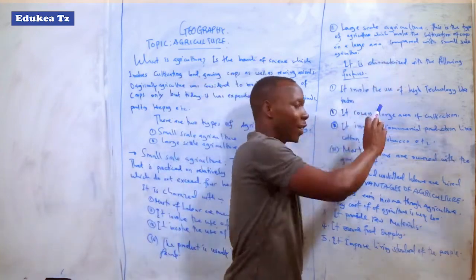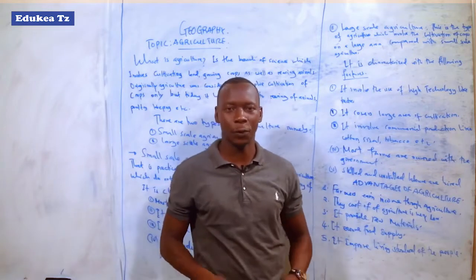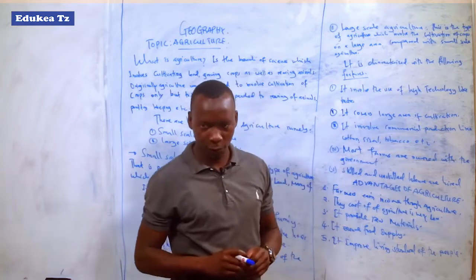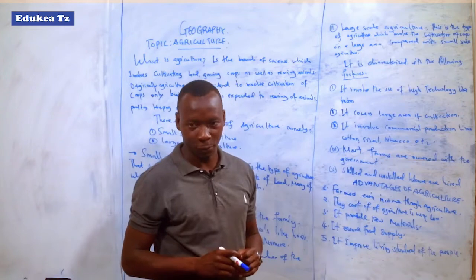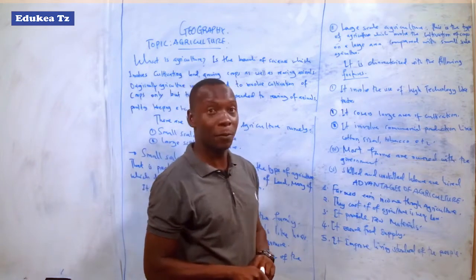This type of agriculture is normally practiced with government cooperative unions, so that a higher product can be produced to feed the industries around the country as raw materials.